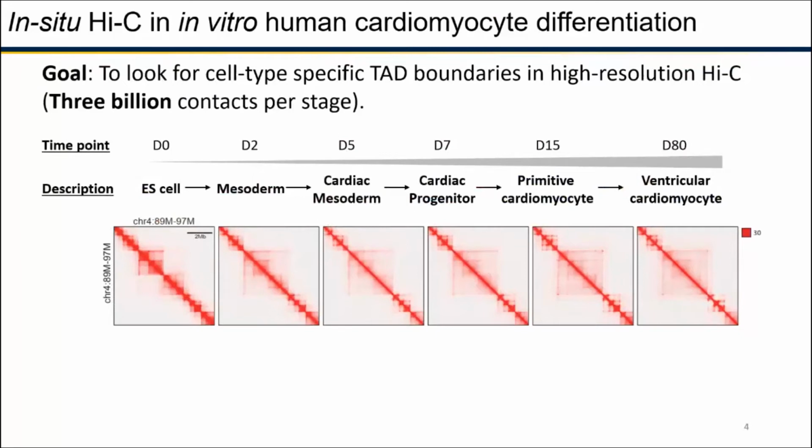So in order to study how the TAD structure is related to gene regulation, we generated high-resolution Hi-C to profile the chromatin conformation dynamics during in vitro cardiomyocyte differentiation. We wanted to study whether there are any stage-specific TAD boundaries that may be important for cardiac lineage specification.